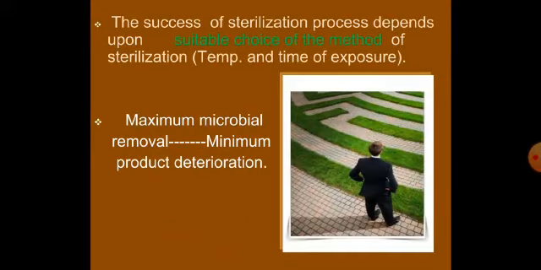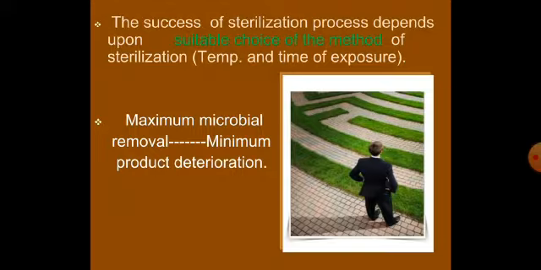That means, for example, when I want to sterilize a plastic syringe, I can't use heat as a method for sterilization. This is because the plastic syringe will be melted by the effect of heat, and so it is deteriorated. Another example, when I want to sterilize antibiotics or any other biological fluids, I can't use heat as a method for sterilization.